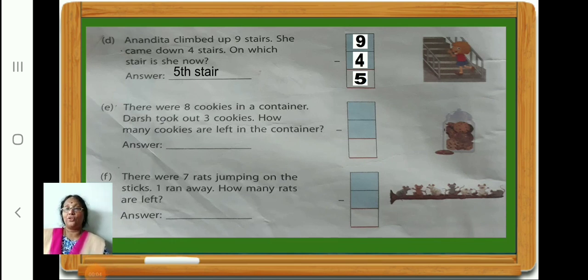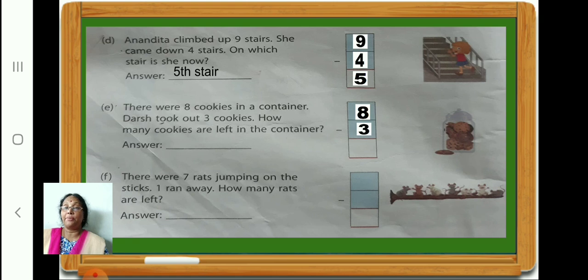Now, children, let us do question E. There were 8 cookies in a container. How many cookies? 8 cookies. So let us write 8 in the first box. Darsh took out 3 cookies. From this container, how many cookies Darsh took away? 3. So let us write 3 in the next column. Now, children, how many cookies are left in the container?